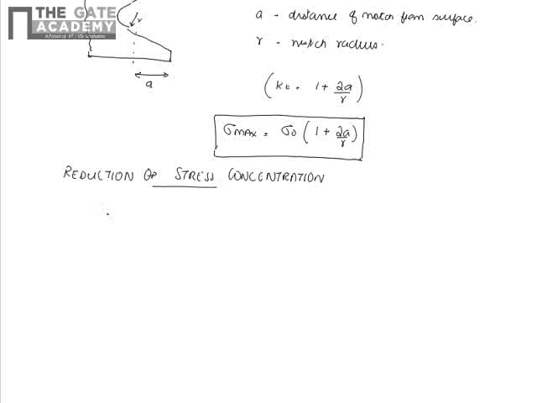One method of reducing the stress concentration is using fillets, and the other technique is using notches. So you may feel that notches are causing stress concentration. How can we reduce the stress concentration with notches? We'll show that here.